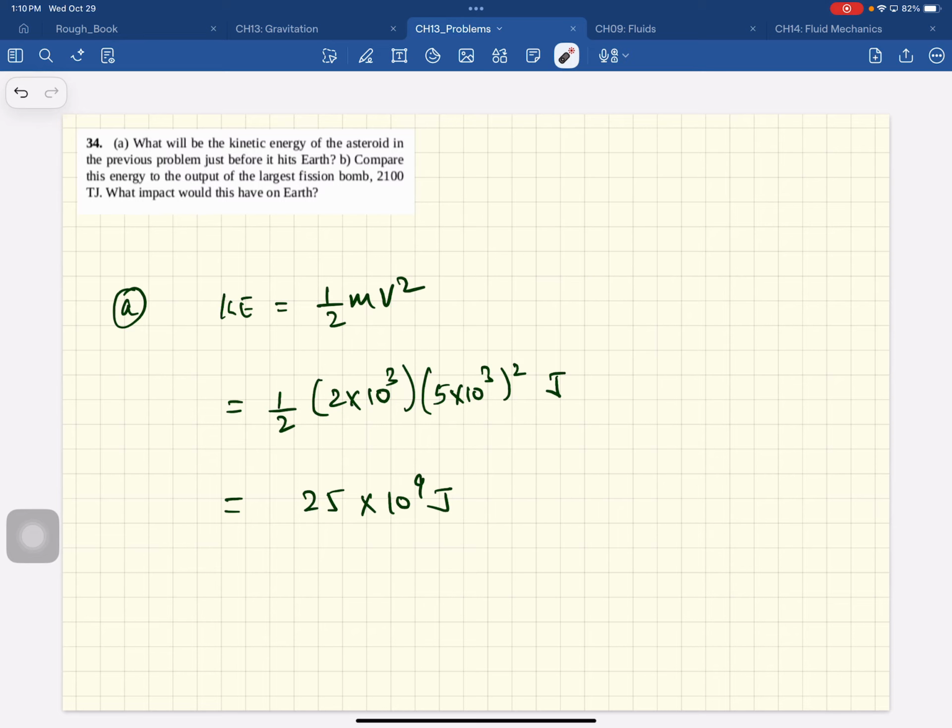All right, so in part B, they're asking us to compare this energy to the output of the largest fission bomb, so the largest atom bomb. The energy is 21,000 terajoules. So part B, you want the kinetic energy of the asteroid divided by the energy of the bomb.